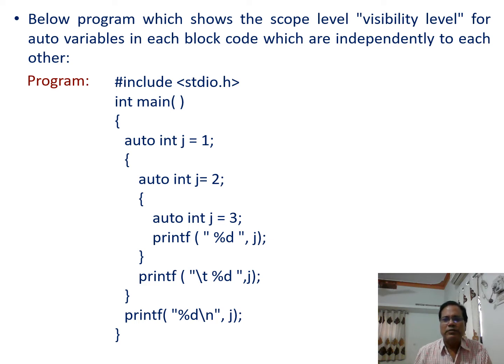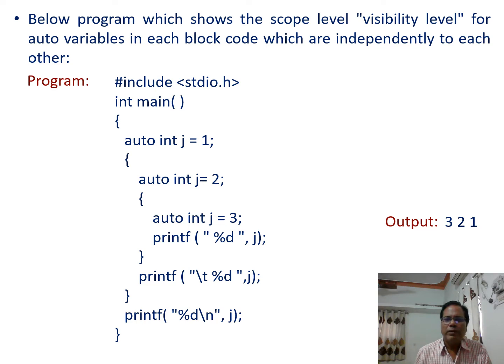But as the local or auto class variable is visible only in that block, whenever this function is run, we get the output 3 2 1.